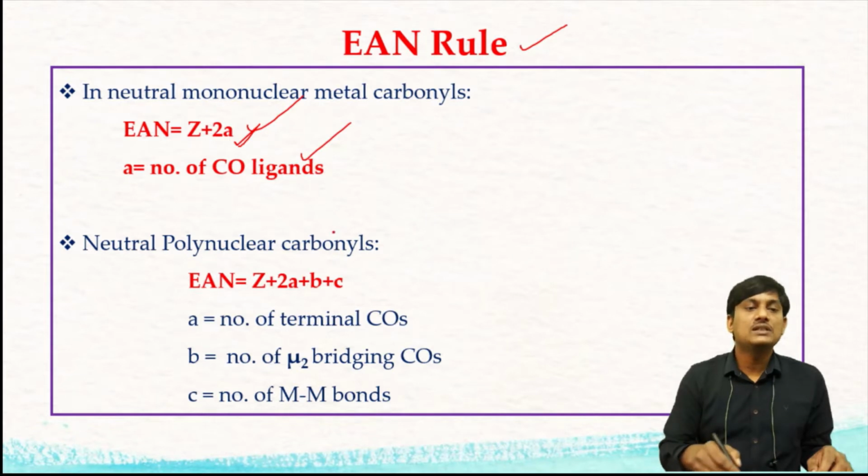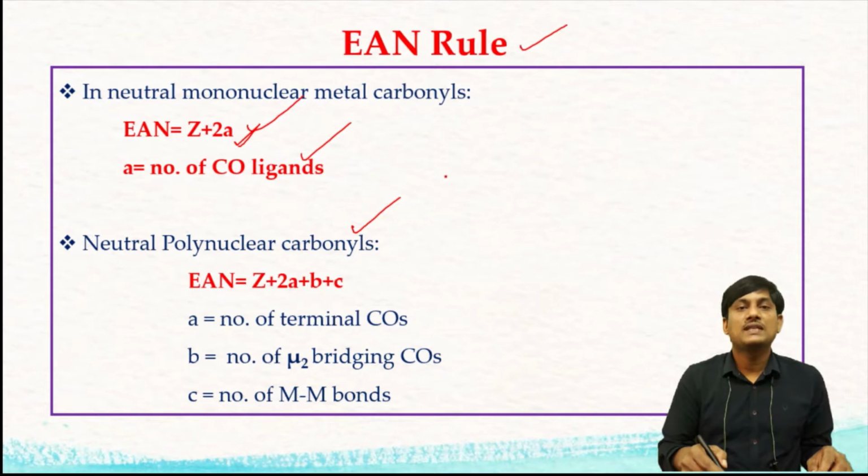For polynuclear metal carbonyls, you sometimes have bridging ligands and also metal-metal bonds. So the equation will be EAN is equal to Z plus 2A plus B plus C. Here Z is the atomic number, A is the terminal CO ligands, B is the mu2 bridged CO ligands, and C is the number of metal-metal bonds.